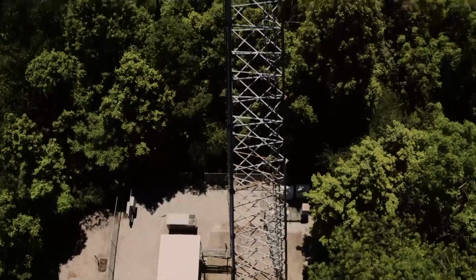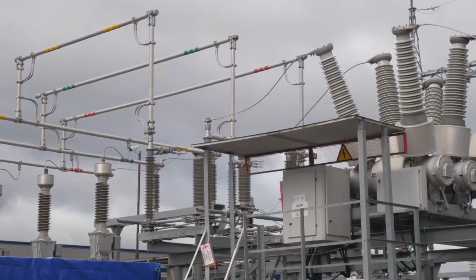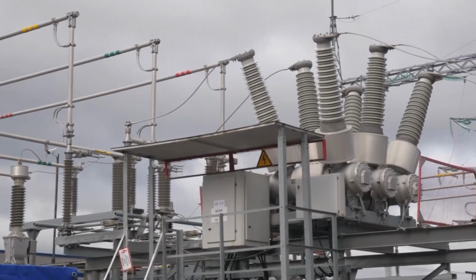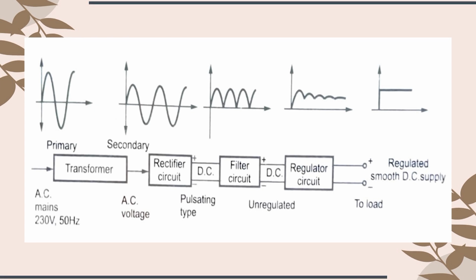Now the purpose of regulator circuit is to regulate the DC according to the requirement. The amount of voltage required for the DC is regulated by the regulator circuit, and the final output of the regulator circuit will give the smooth DC supply. So this is the process by which we can obtain a DC power supply.